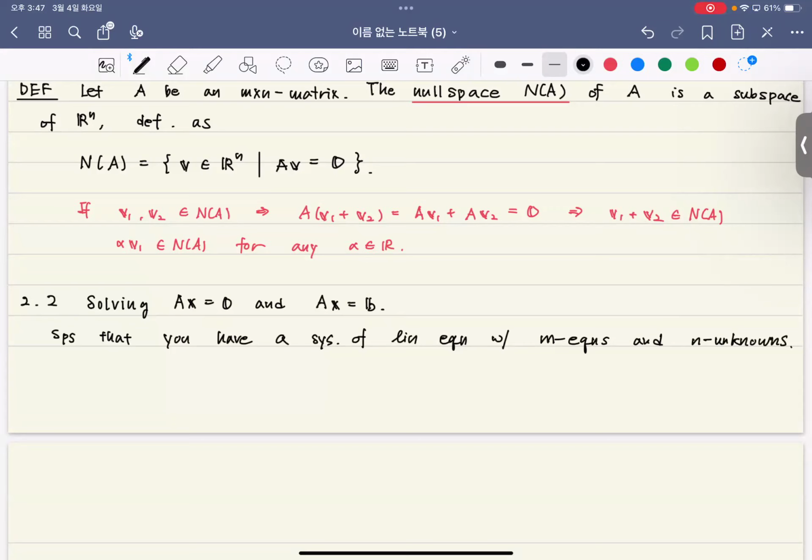If m is greater than n, the number of equations is greater than the number of unknowns. In this case, most likely you may not be able to find the solution. And in this case, we say it is an over-determined system. You have too many restrictions compared to the number of degrees of freedom. So this is an over-determined system.